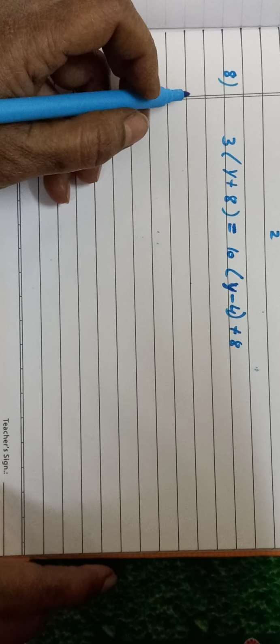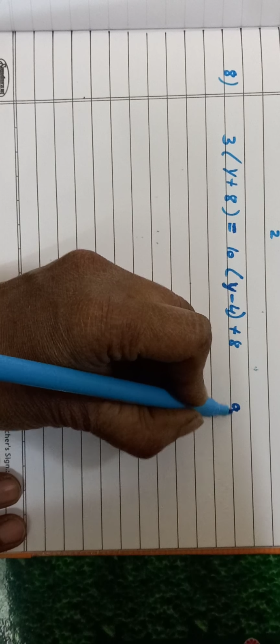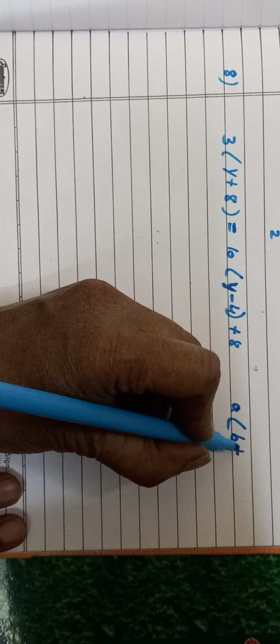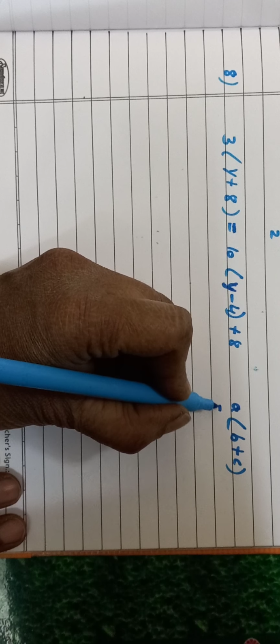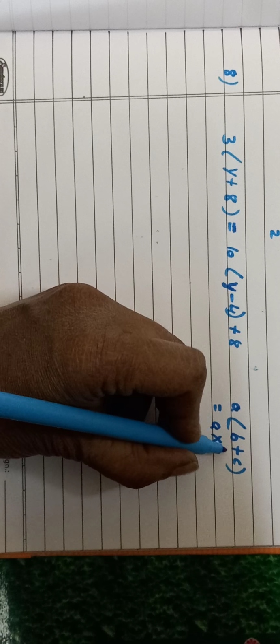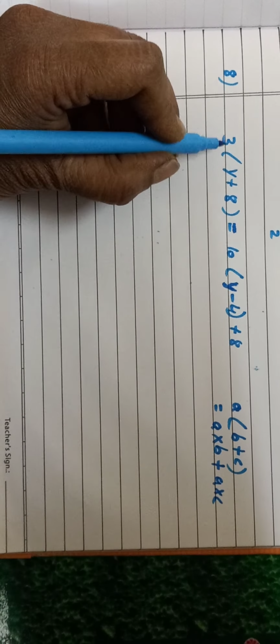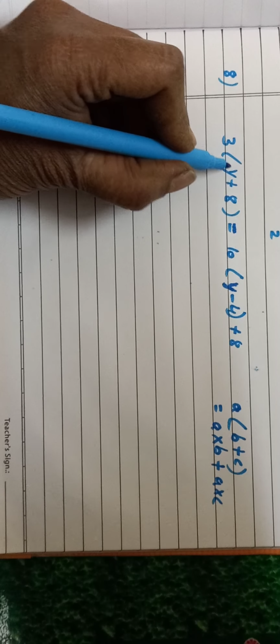Now let us solve the 8th sum. Here again the same formula. See, like this, a into b plus c. In 8th standard you are learning this, but in 6th standard also you had this property, a into b plus a into c. So 3 into, bracket means multiplication.